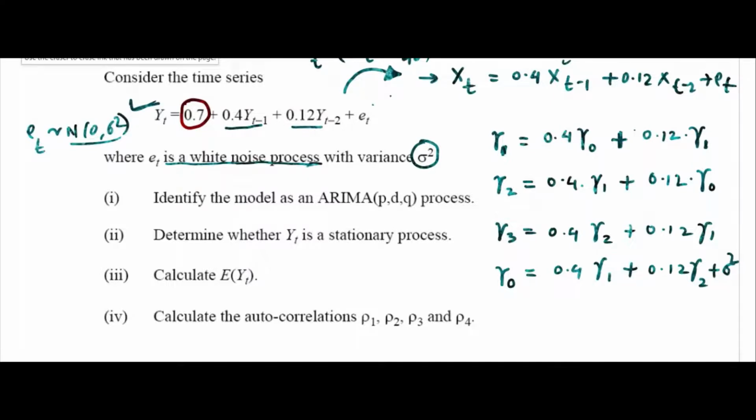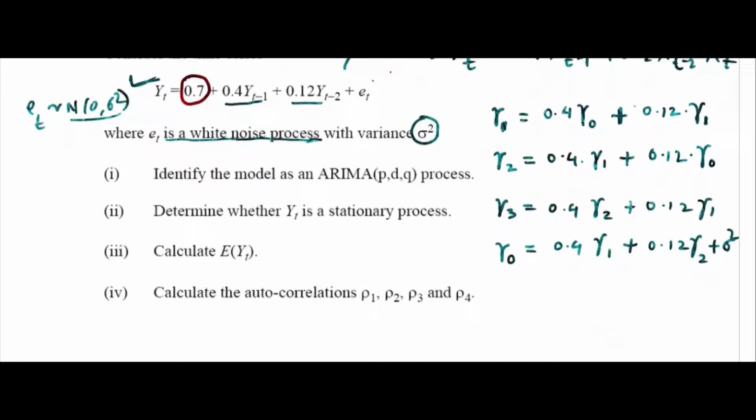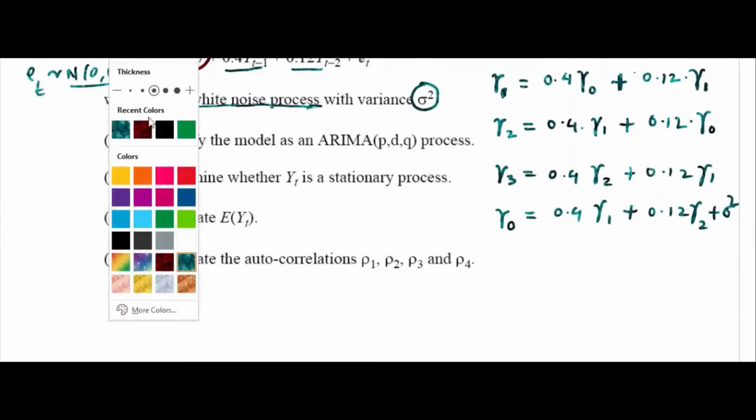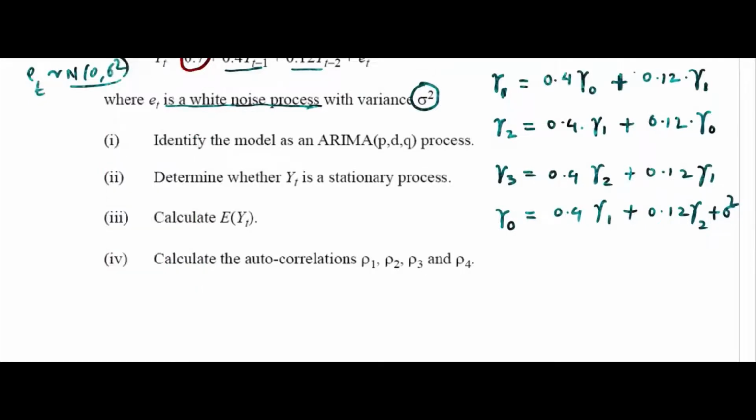Now you need to solve all these. You know how to solve. Divide the first equation by gamma naught: you will get gamma 1 by gamma naught, that is rho 1, equal to 0.4 plus 0.12 rho 1. This will be our first equation; you can solve and find rho 1 from here.